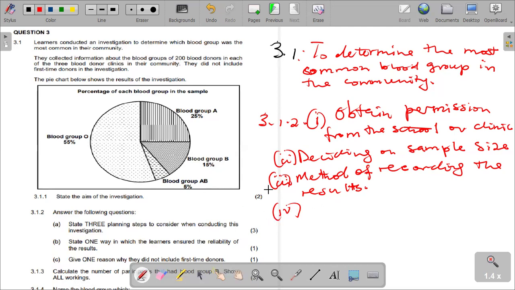It's a planning step to say when they were going to do the investigation, deciding on the time or date to collect the results, collect the data.